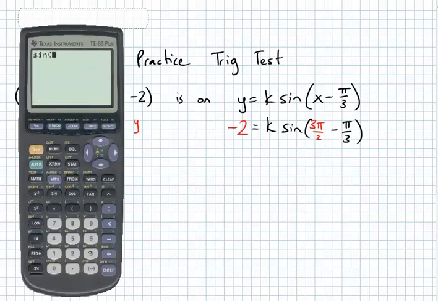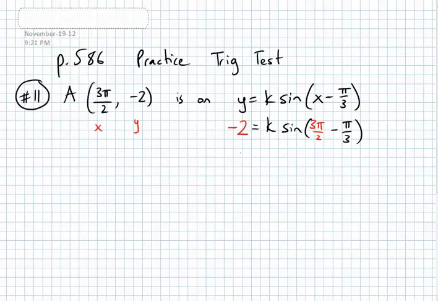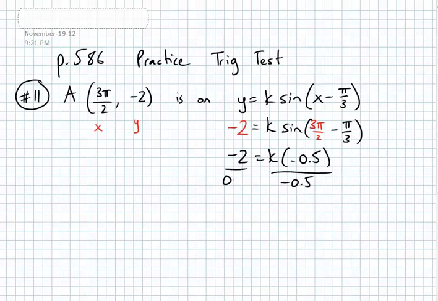So sine of 3 pi over 2 minus pi over 3 is negative 0.5. So negative 2 equals k times negative 0.5. So if I divide both sides by negative 0.5, then I get k is equal to 4.